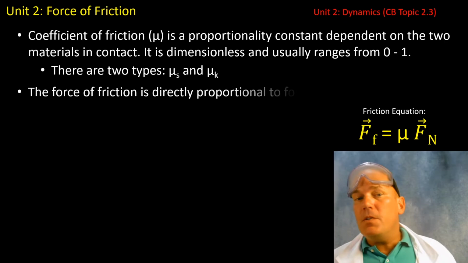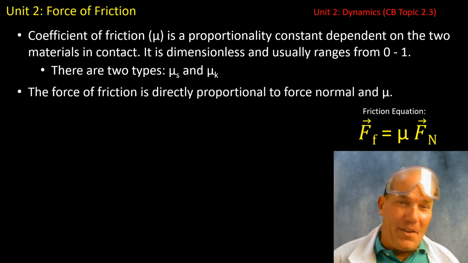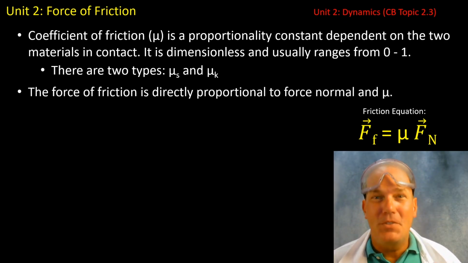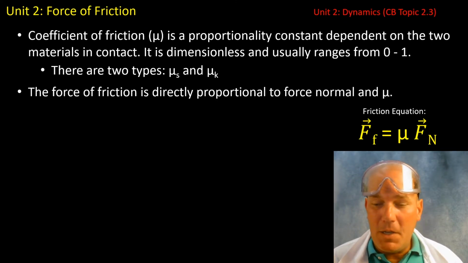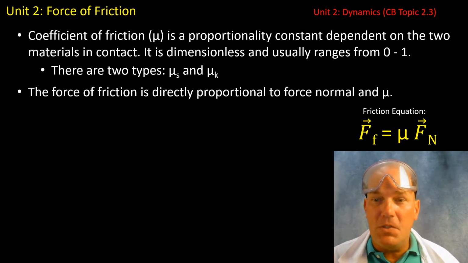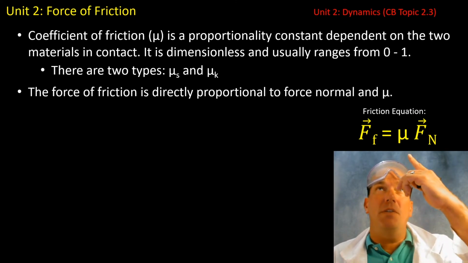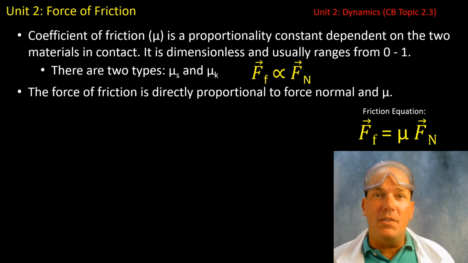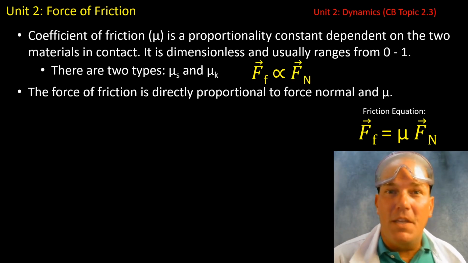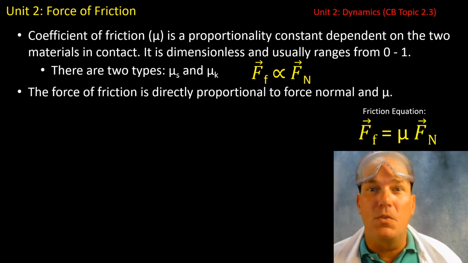So the force of friction turns out to be directly proportional to force normal and also to mu. I talk about this anytime I introduce a new equation. As you can see, force of friction is directly proportional to force normal.